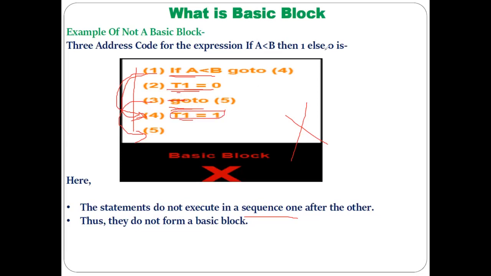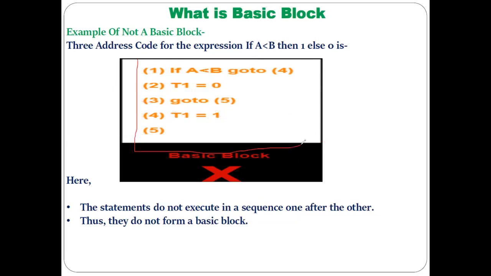When A is less than B is 0, understood? When the A less than B condition becomes false, then also the execution will not happen in sequence, one after another.